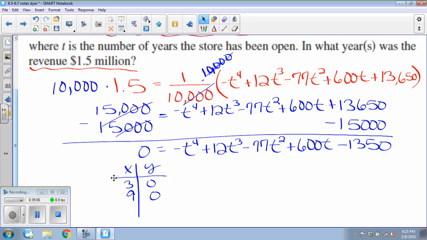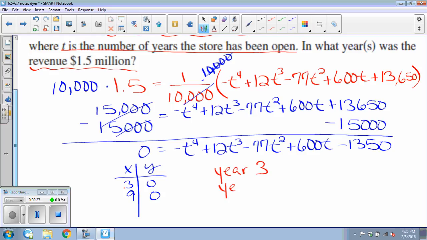Well, x is the same thing as t, and it tells us that t is the number of years the store has been open. So it wants to know in what years did they make 1.5 million? Well, in the third year, in year 3, and in year 9. They made $1.5 million. So that is the answer.